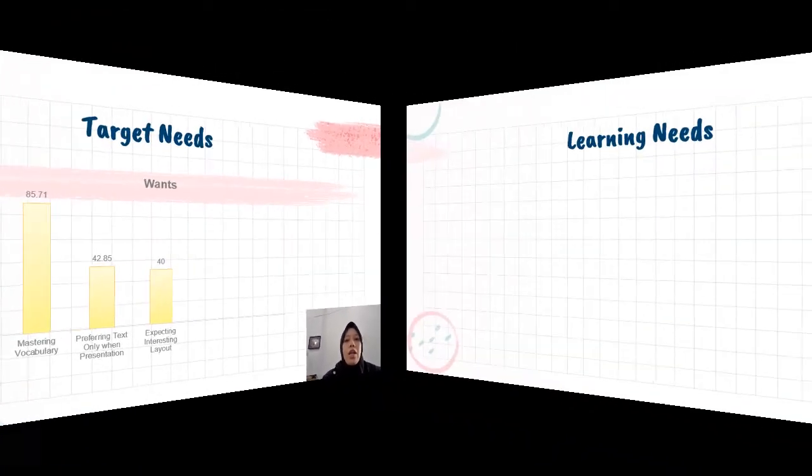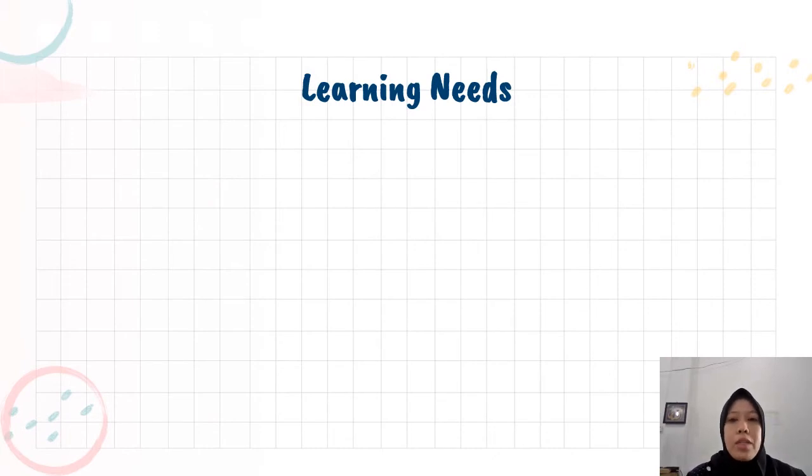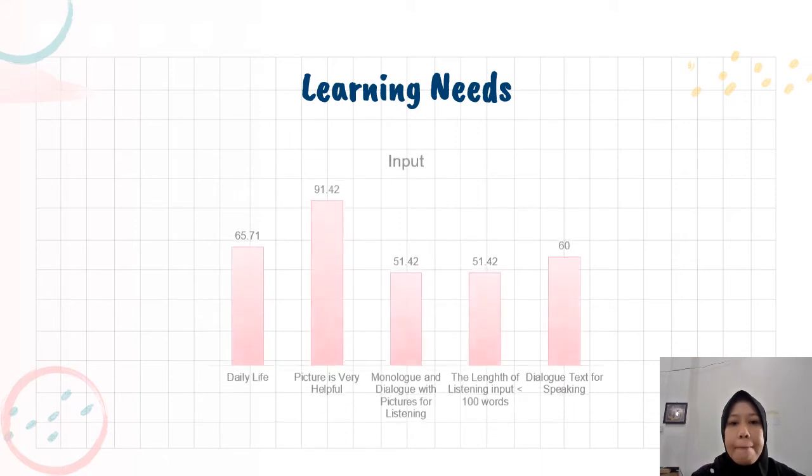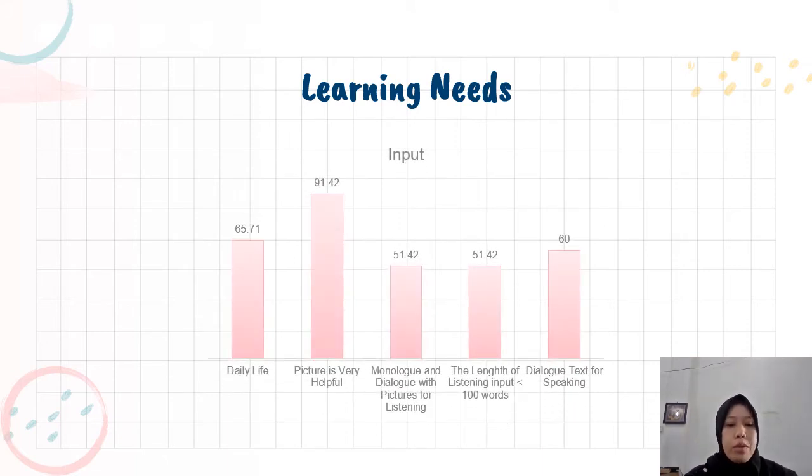Okay, now we are going to come into the learning needs. The first is input. Based on input, students really want to have input by using pictures, and they need daily life situations when using English, and they also need monologue and dialogue with pictures for listening.